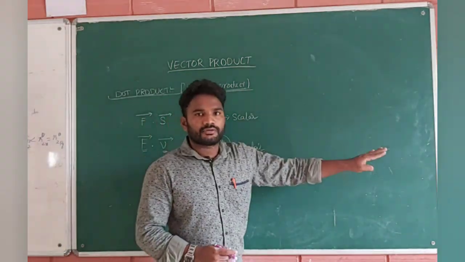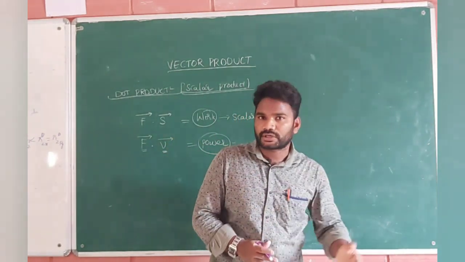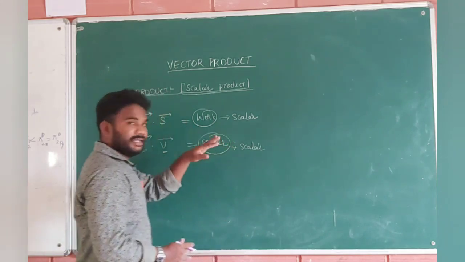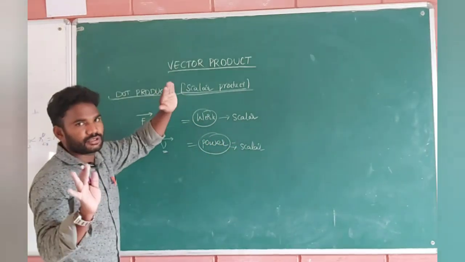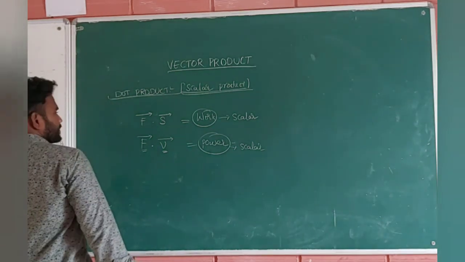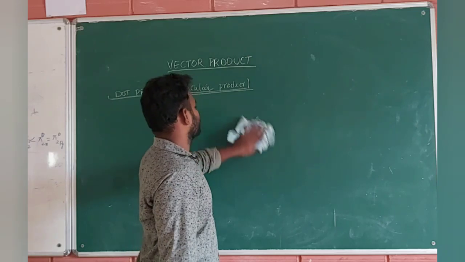Coming to the vector product, when two vectors are multiplied, they will give a vector only. That kind of product is called vector product. Later we will see the cross product or vector product. For now we have to understand dot product alone. I hope you understand in which situation we go for dot product or vector product.